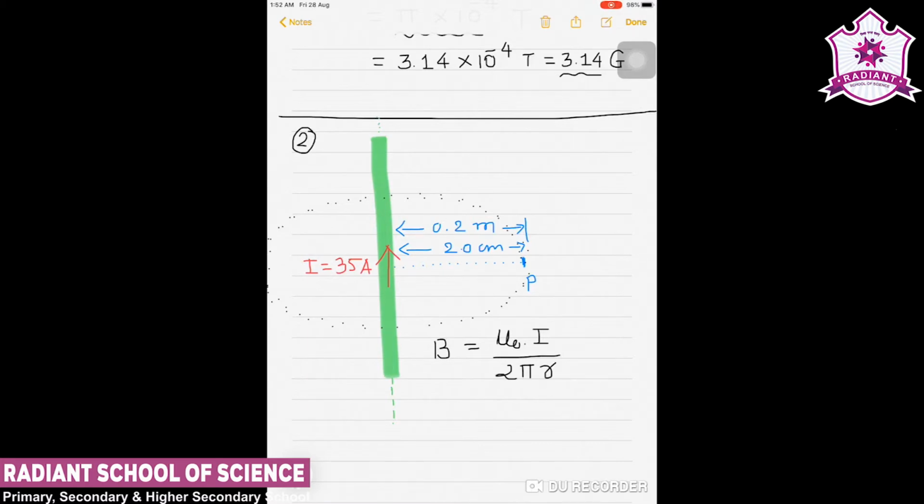Here mu 0 will be 4 pi into 10 raised to minus 7.